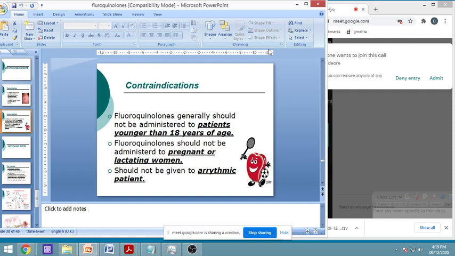For the same reason it should not be given to pregnant or lactating women, because the drug will go into either the fetus or the infants, which are in the developing stage, and therefore it should not be administered. It should not be given to arrhythmic patients, because we have seen that it affects the QT interval, and therefore it should not be given in arrhythmic patients.